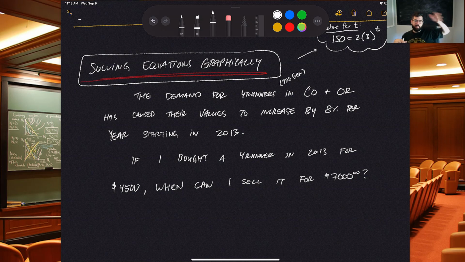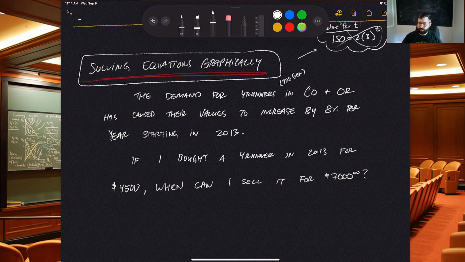I'm kind of making that number up, but let's use that as a rough guide to say around 2013, their prices started taking off around 8% per year. So let's say I bought a 4Runner in 2013 for $4,500. When will I be able to sell it out there for $7,000? Is it worth it to do that? Probably not. But let's just go through this thought experiment. The price is inflating. When will it hit 7,000 is the question.